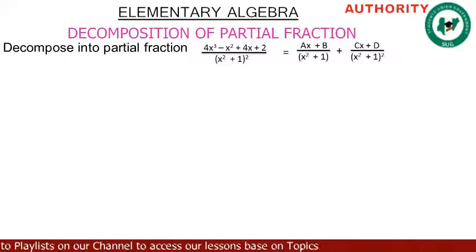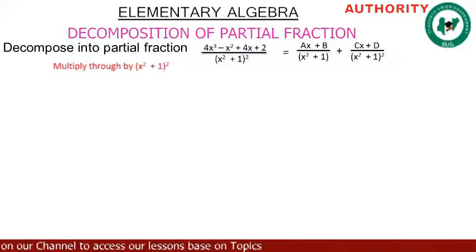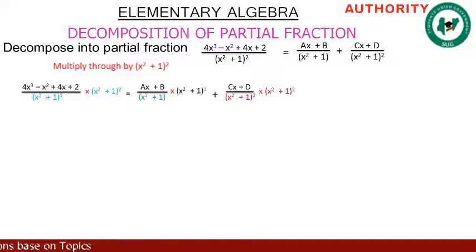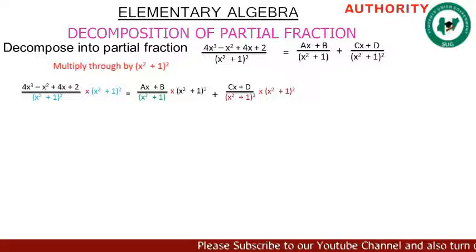Now let's go. We're going to multiply everything by x squared plus 1 in bracket raised to power 2. On our left hand side, x squared plus 1 raised to power 2, we cancel x squared plus 1 raised to power 2. And then on the right hand side, x squared plus 1, we cancel one of the x squared plus 1.